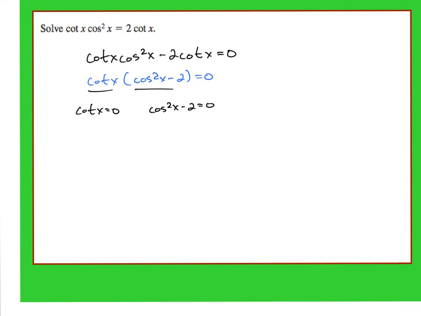So when is cotangent equal to 0? Remember, how do we think of cotangent? X over y, right? So when does cotangent equal 0? When is my x 0 and my y something other than 0? At pi over 2 and 3 pi over 2.